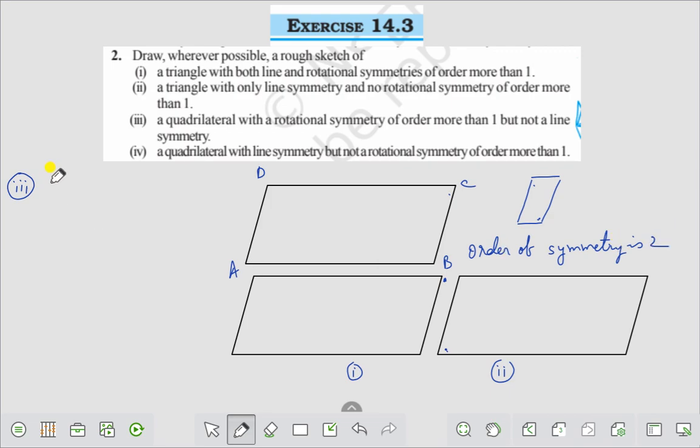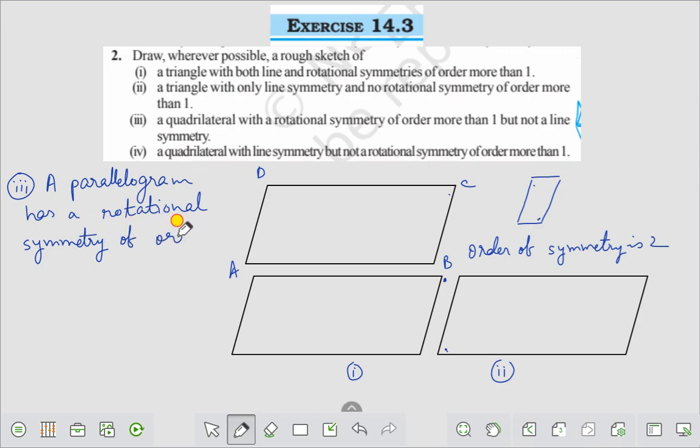Then we got a quadrilateral, a parallelogram, that has rotational symmetry of order 2, but not a line symmetry.